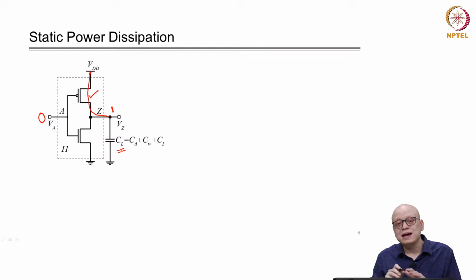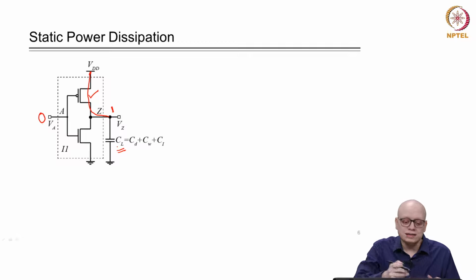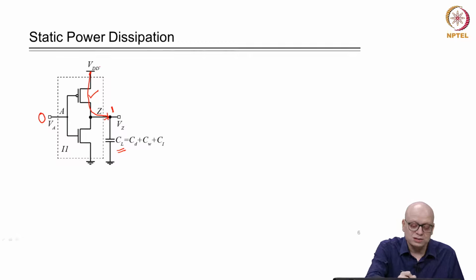Once the charging of CL has happened and CL is completely charged, no more current is drawn from VDD, the power source, and the current should ideally become 0.